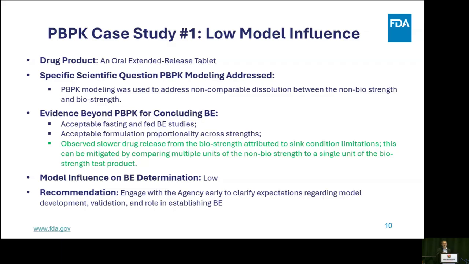So even though the applicant submitted a PBPK model to address this non-comparable dissolution scenario, since we already have a lot of other pivotal evidence to address this issue, this model is considered to have low influence on our BE determination. So the recommendation is to engage with the agency as early as possible to clarify expectations regarding model development, validation, and role in establishing bioequivalence.